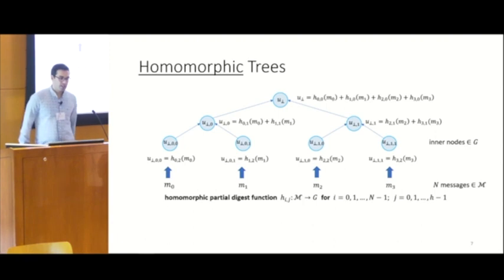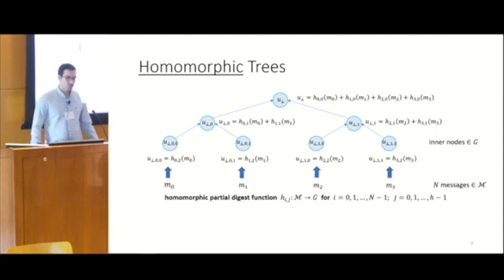Each inner node is calculated through the homomorphic partial digest function as a sum of the effects of the messages that lie under that inner node. This characterization, in particular the homomorphic nature of this partial digest function, enables us to update the inner nodes when an underlying message is updated purely as a function of the message difference.